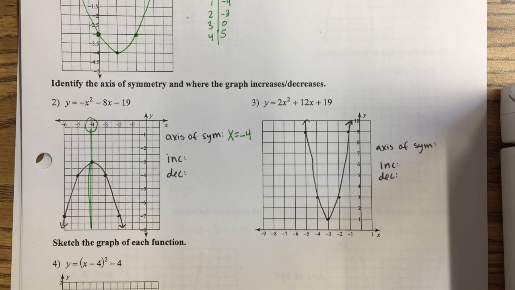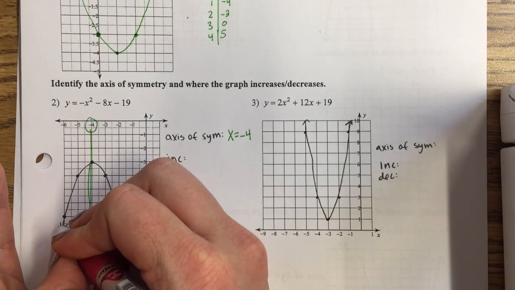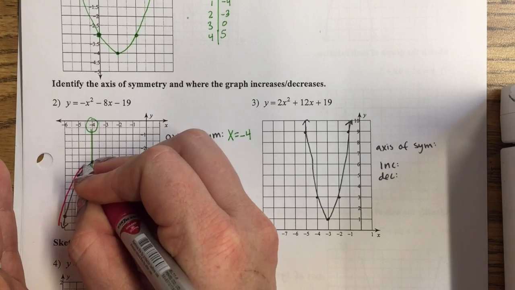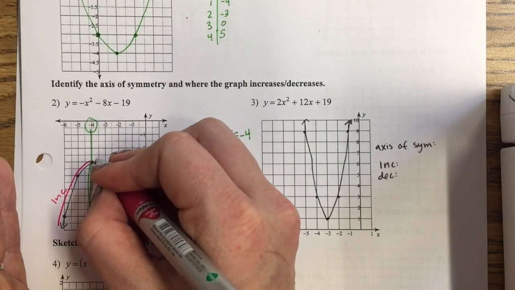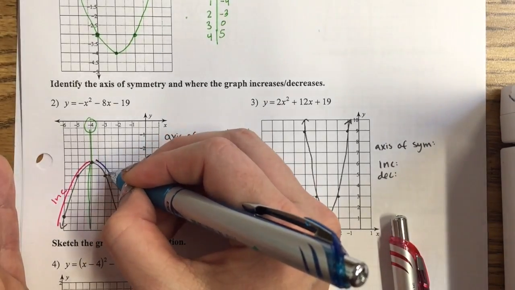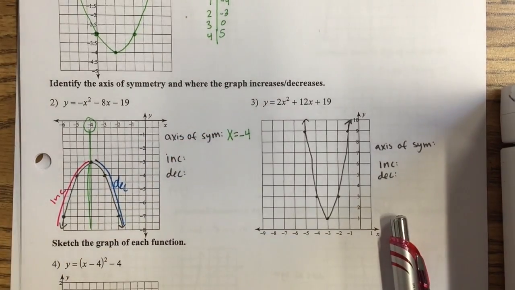One section will increase, one will decrease. So as I draw from left to right, just like reading a book, for a sentence you start on the left. As you read left to right, it goes up, which would be increasing. Then it starts to go down as I draw left to right, which would be decreasing.